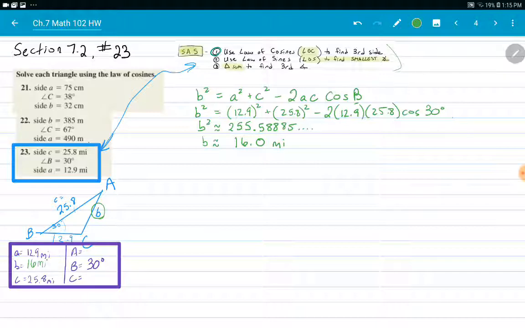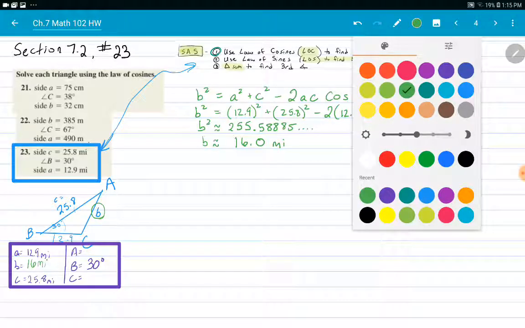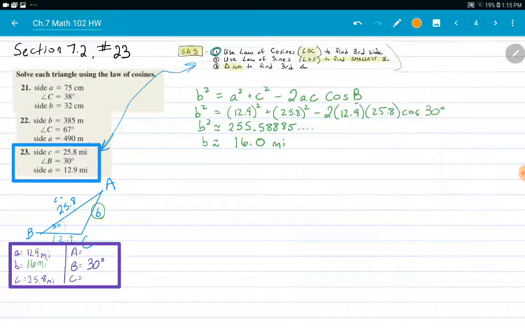Okay, and the next thing I need is, let's do orange, the law of sines to find the smallest angle. Remember, if you have only two angles to find, you find the smallest one first to avoid that ambiguous case.